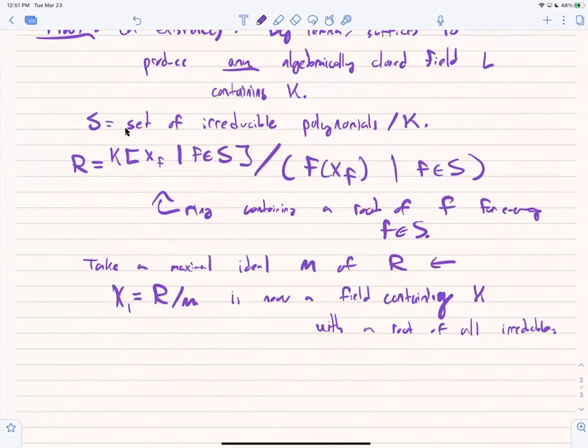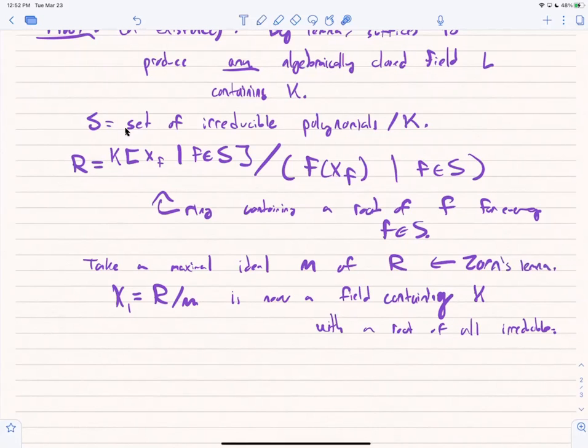Taking this maximal ideal uses the fact that any non-zero ring contains a maximal ideal, and that statement uses Zorn's lemma. No matter which proof you write down, you're going to use Zorn's lemma somewhere.